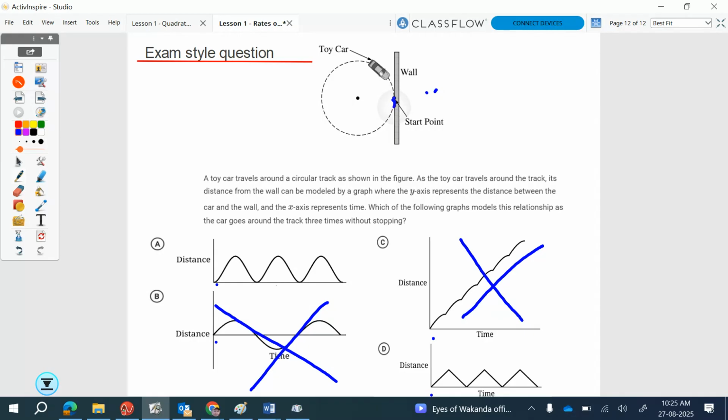In this first part of the circle, the distance is only going to increase very, very slightly. In this section of the circle, it's going to increase very, very quickly. So it's going to go slow and then fast, then slow again. So it's this one. You'll get more familiar with it.